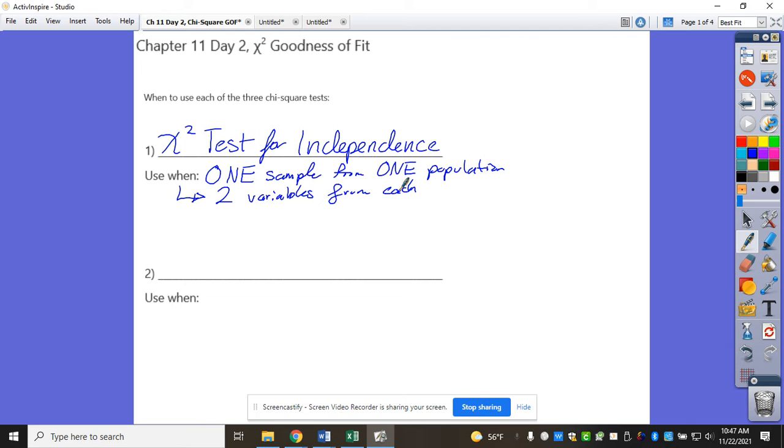Our other one from Friday, or Thursday, whichever day it was, a chi-square test, what? Homogeneity. This one we had two possible scenarios. So the opposite of this one would be what?